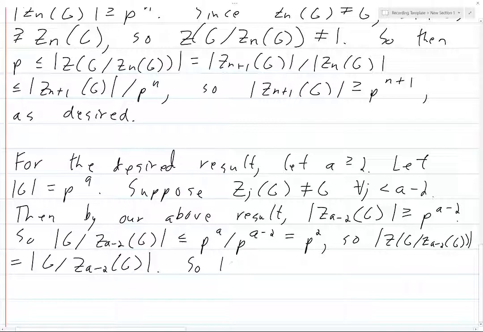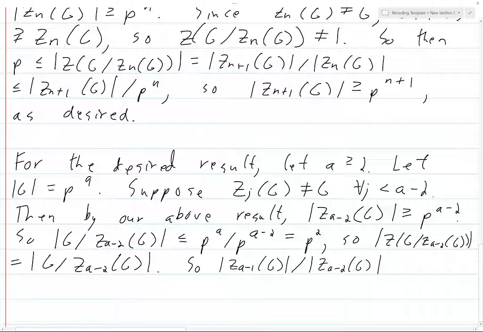So anyways, then the norm of Z_{a-1}(G) divided by the norm of Z_{a-2}(G) would be equal to the norm of just the quotient. And of course, the quotient here by definition is equal to the center of G mod Z_{a-2}(G). But that happens to be equal to G mod Z_{a-2}(G).